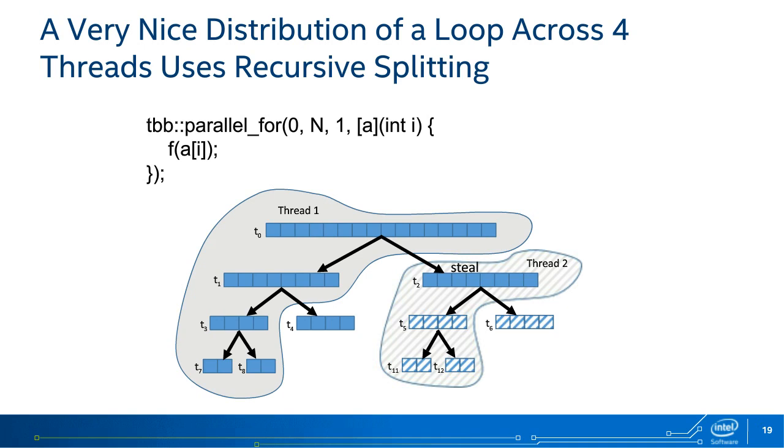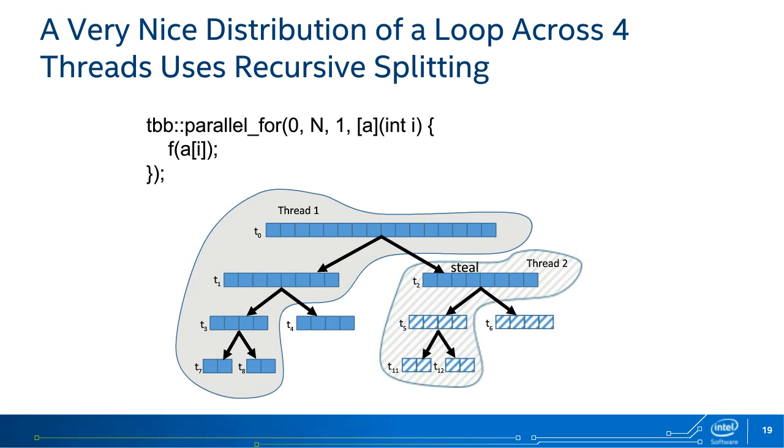It sees that there's a part of the range that's available to execute, and it will steal this from thread 1. It does a similar process to thread 1: it looks at the range, sees it's too big, and recursively subdivides it until it gets down to pieces of work that are of a good size to execute based on some policy.